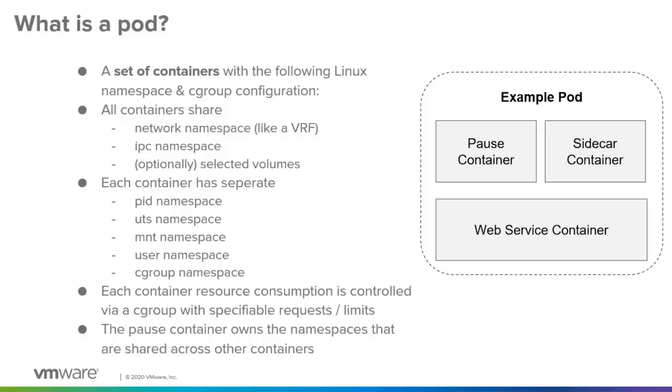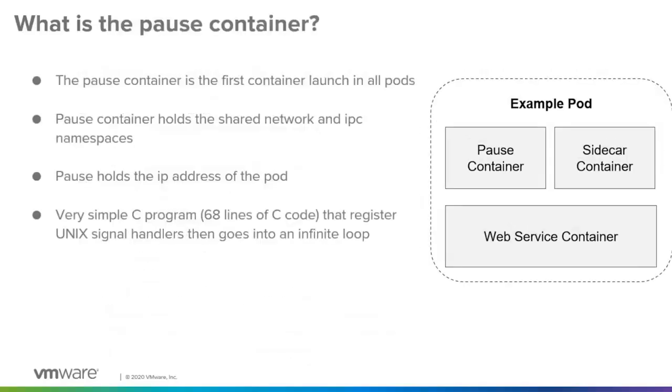That kind of thing. Now, at the base level, a pod starts with a tiny container called a pause container. And then alongside that pause container are the container instances that you define in your pod spec, which are usually backed by an image in a Docker registry that is downloaded by the container runtime. The pause container is this tiny piece of 68 lines of C code that literally exists to just create the identity of the pod.